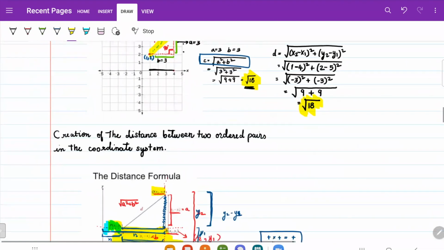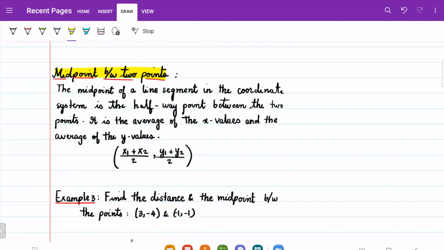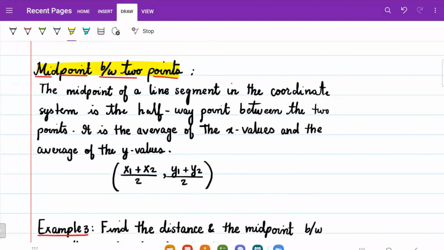Okay. We will now move on to midpoint between 2 points. The midpoint of a line segment in the coordinate system is the halfway point between the 2 points. It is the average of the x values and the average of the y values. So basically, we have 2 points here.